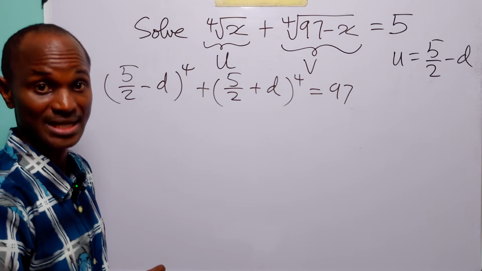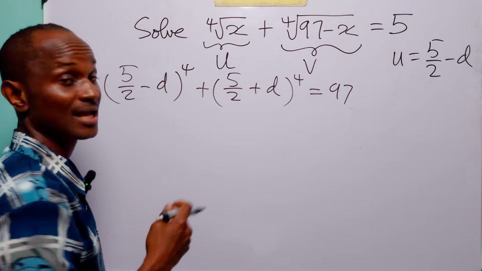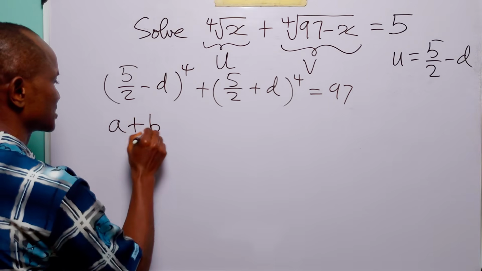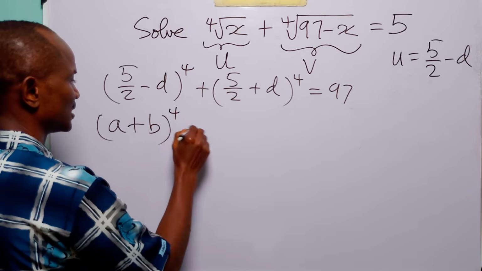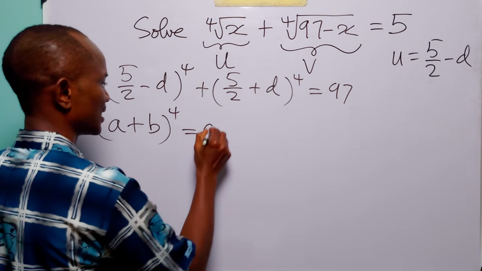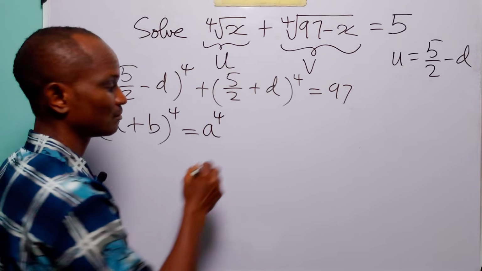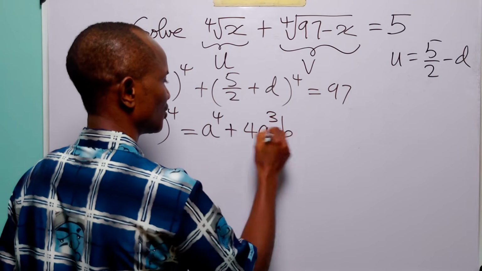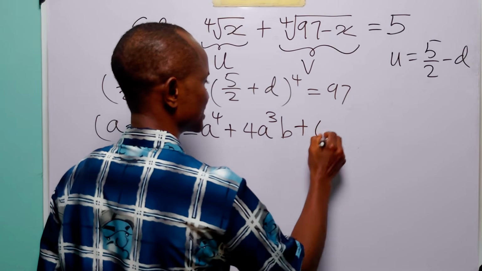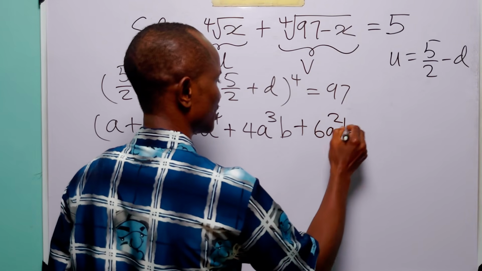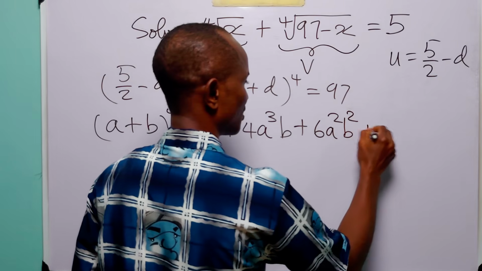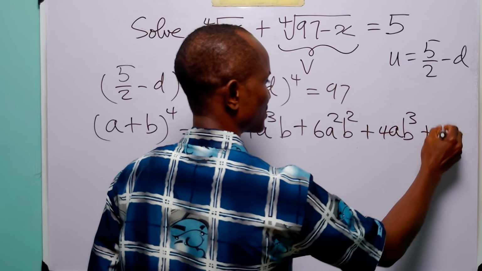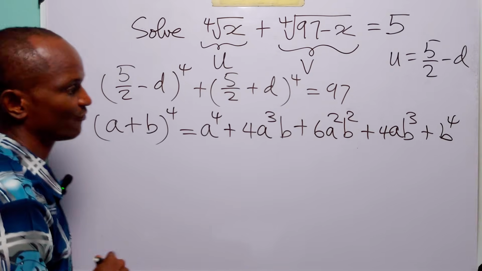Now, before we start with the expansion of these two brackets, let us remind ourselves that when we have a plus b to power 4, this is equal to a to power 4 plus 4a cube b plus 6a squared b squared plus 4ab cube plus b to power 4.